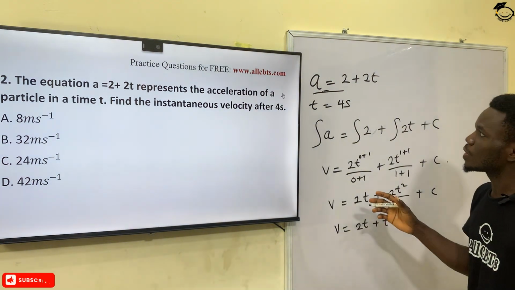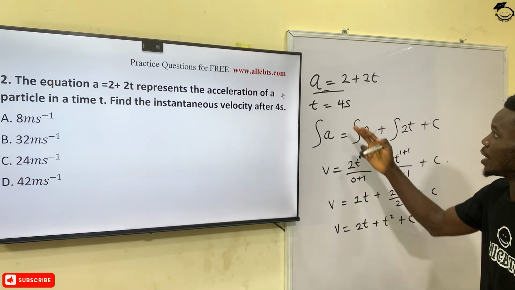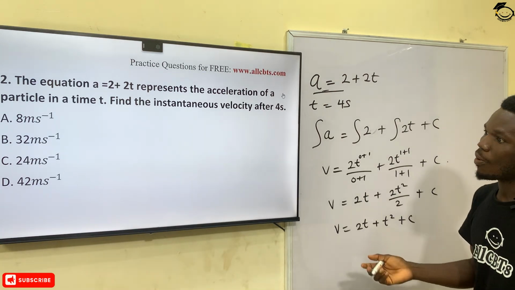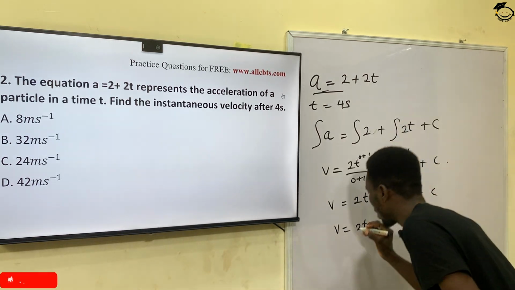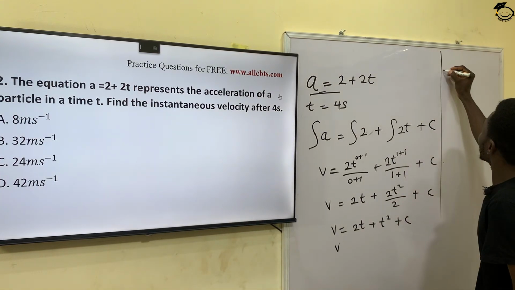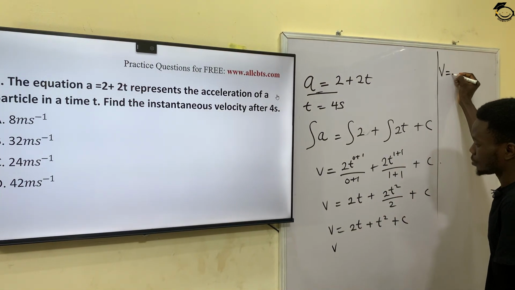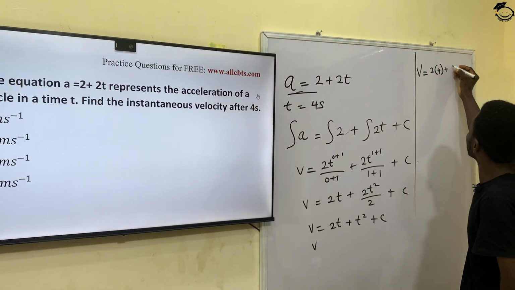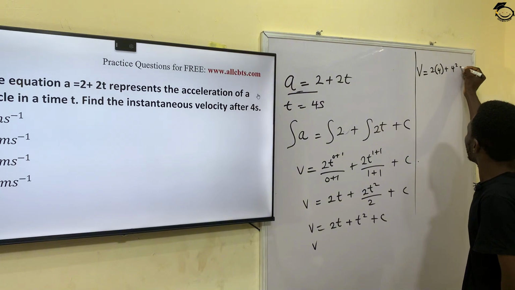So what we have to do now is input our value for time into this formula for velocity to get our instantaneous velocity. Velocity, therefore, would be equal to 2 open brackets 4 plus 4 squared plus c.